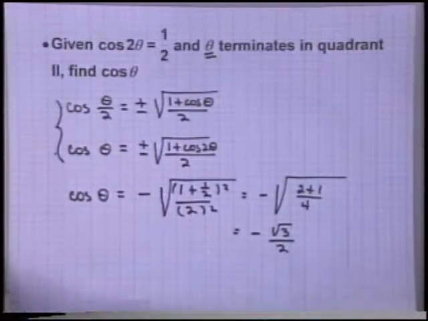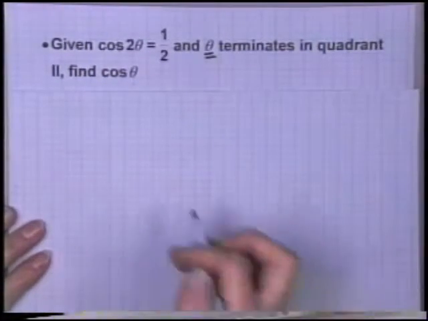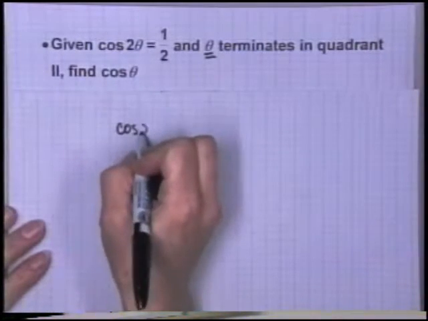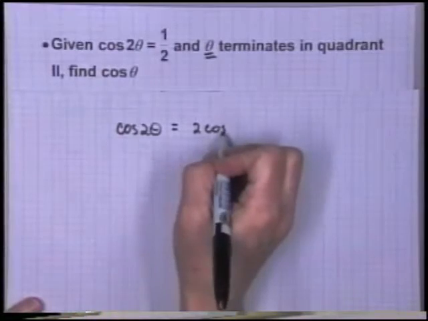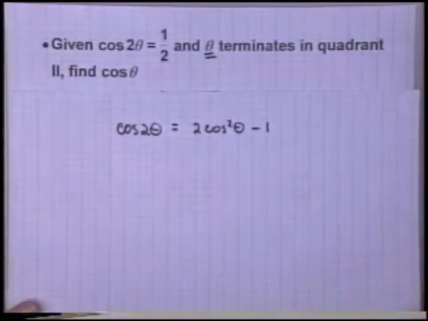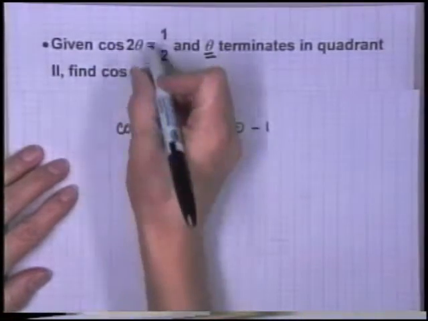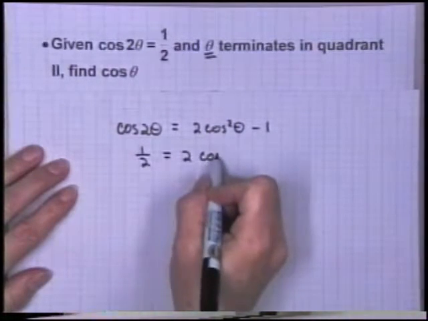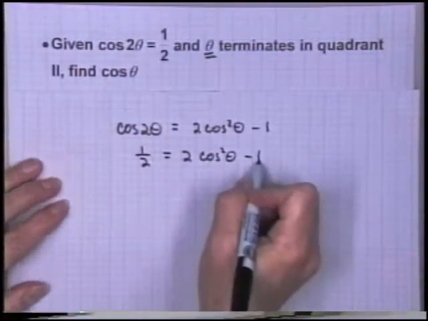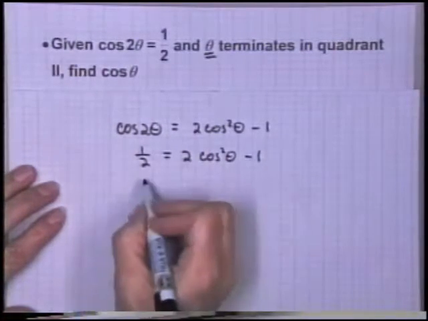Now, just as a good review here, let's go back and think about cosine 2 theta, and remember the identity 2 cosine squared theta minus 1. Cosine of 2 theta is 1/2, so 1/2 equals 2 cosine squared theta minus 1.